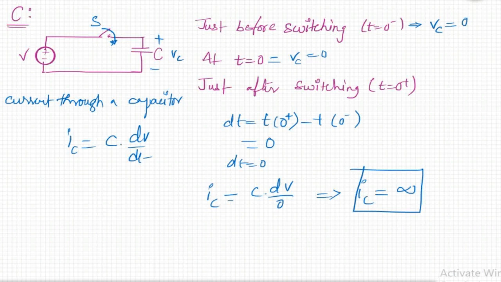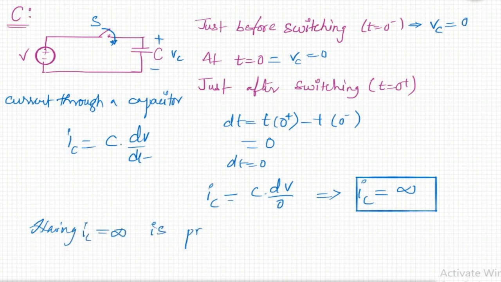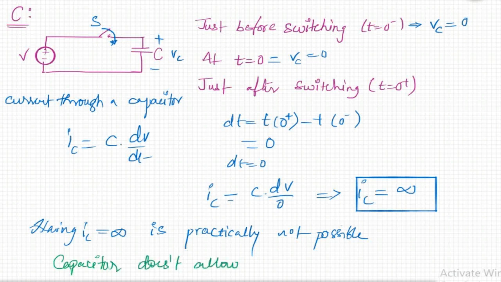Having IC equal to infinite is practically not possible. So that is why a capacitor doesn't allow sudden or instantaneous changes.